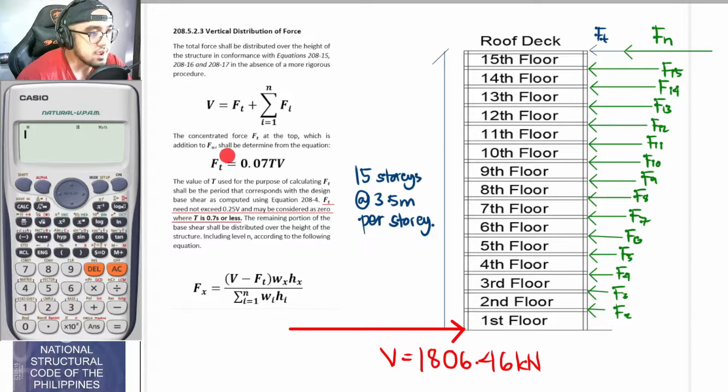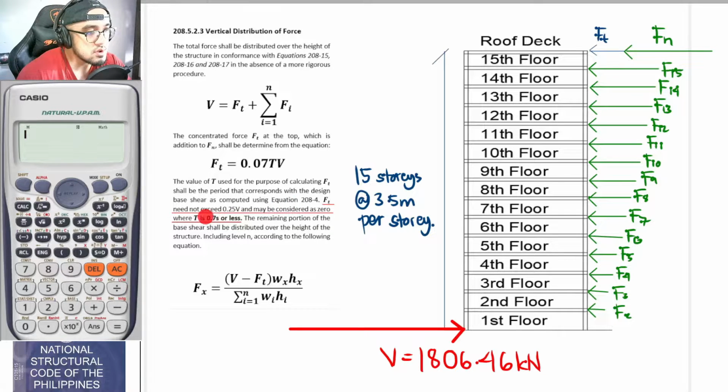But what is Ft? Ft is the concentrated force at the top, and as you can see, this is the force at the top. Ft is equal to 0.07 times T, which is the period that we already solved for last video, times V, which is also the base shear. But we have two conditions here.